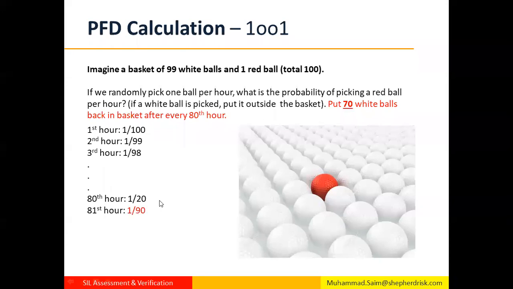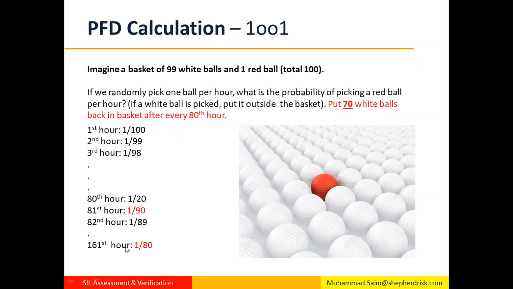And this time, after putting 70 balls back, the probability of picking the red ball is not 1 out of 100, but it's 1 out of 90. And this continues. So at the 161st hour, that is the 3rd cycle, when we put the 70 balls back again, the probability is down to 1 out of 80.